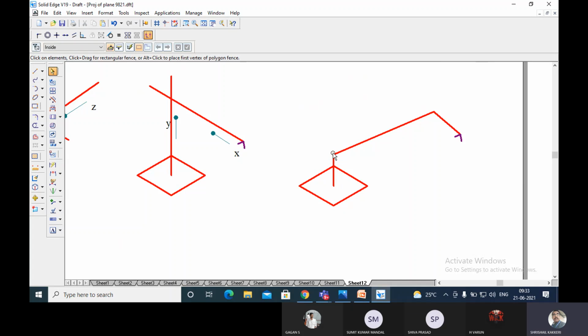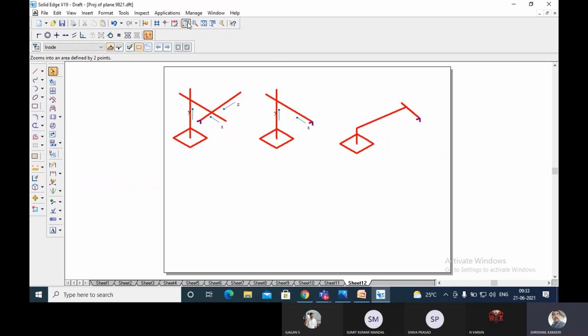It will have a rotating joint here, and rotation here also, and the arm can be moved front and back. It will be linear, and this will be rotational, and this will be rotational. This is called a spherical coordinate system.